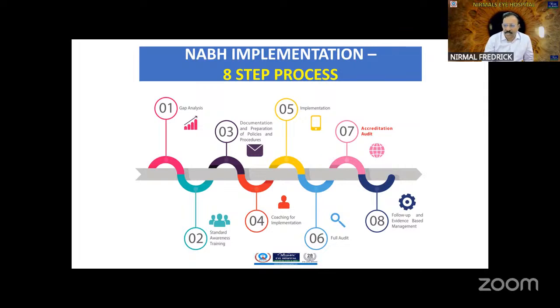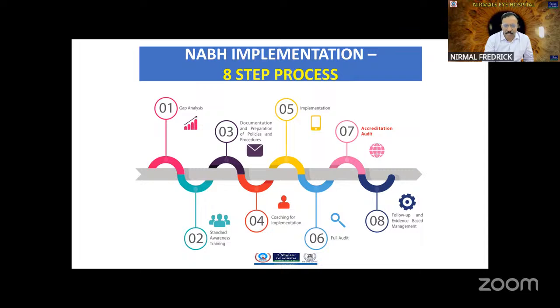Most of the staff may not be aware of these 10 chapters and the requirements, so you need frequent interaction and training. It is not only structured training; you can also have a chat with important members of your staff. Then you need to prepare the standard operating procedures and policies as per NABH requirements.